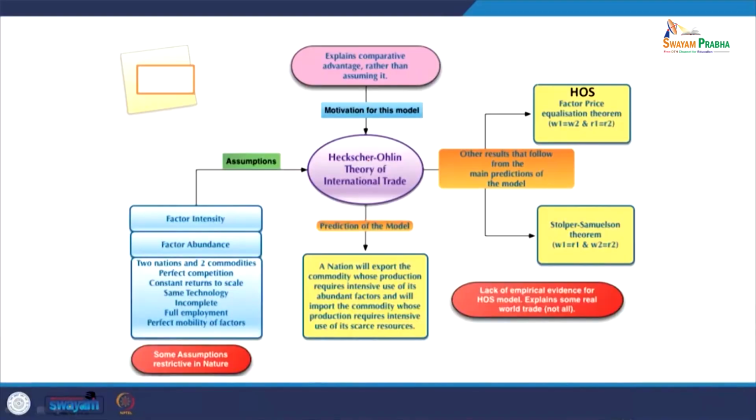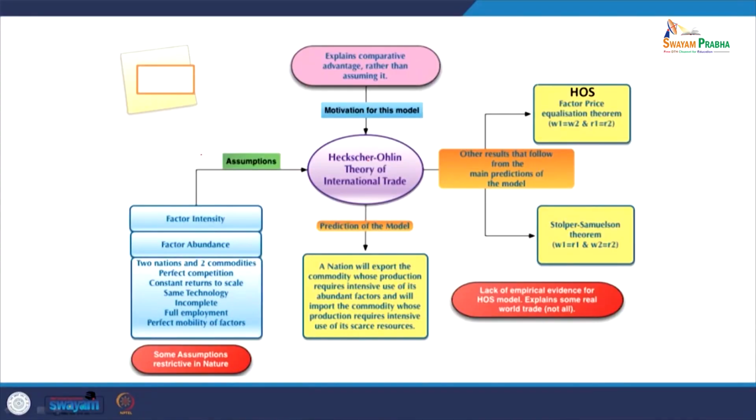Where we left off in the last lecture is a complete mapping of our discussion. The complete discussion of HO theory is presented here. First, stick to the center circle, the Heckscher-Ohlin theory of international trade.